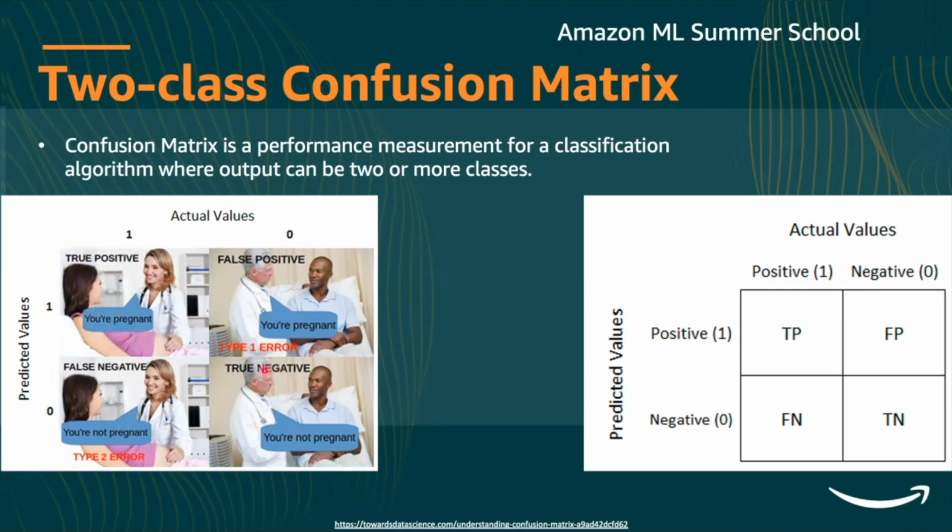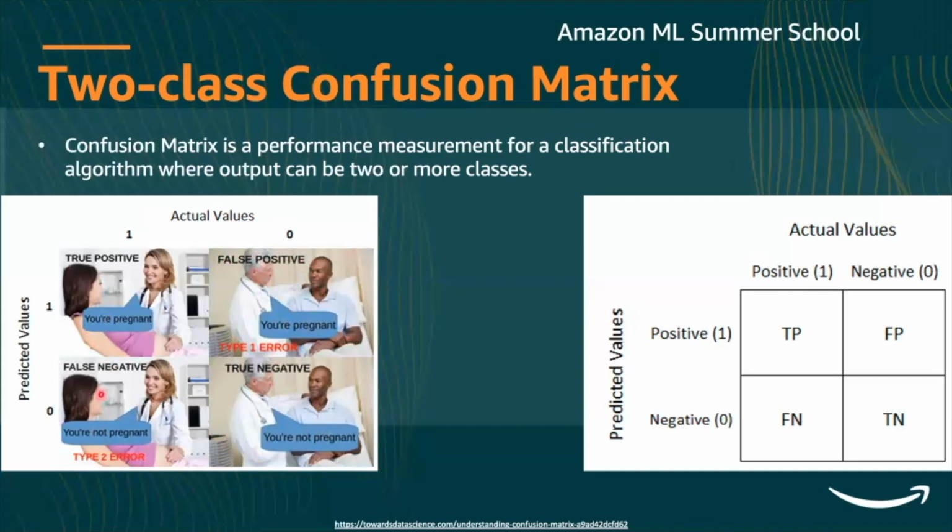Let's talk about the true negative case. If a male goes to a gynecologist and the gynecologist says that you're not pregnant because it's unlikely for a male to get pregnant, and hence this is a true negative, right? Because the actual value is also 0, predicted value is also 0. What happens, let's say a male goes to a gynecologist and he says that, hey, you're pregnant. This is typically not possible, and hence this is false positive, because the model, which is the gynecologist, is saying the male is pregnant, which is a positive case, and it is wrong, and hence it is false positive.